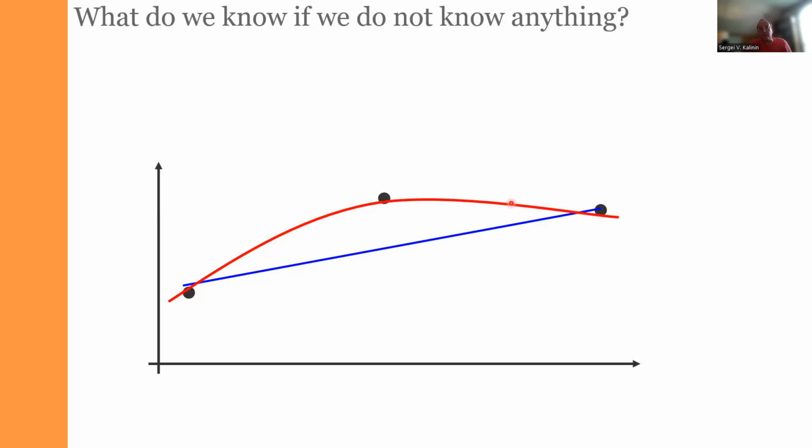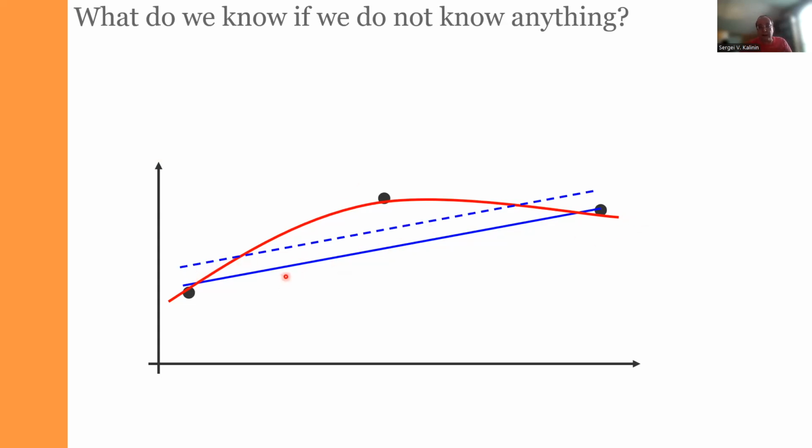We can always draw a parabola through three points. But this is already the case where things become non-trivial. Because imagine that for whatever reason, you are absolutely certain that the dependence between this function and this argument should be linear.